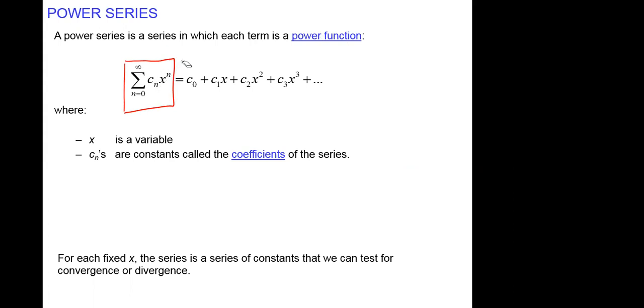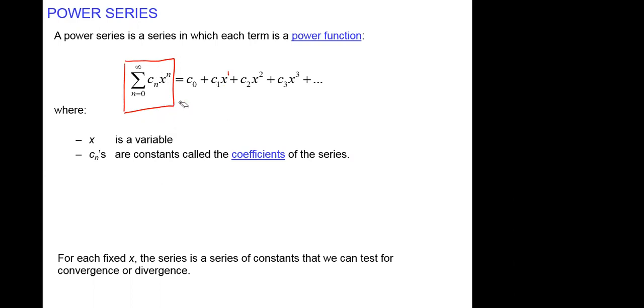And n stays a positive integer, like 1, 2, 3, 4, and so on, or we can even add 0 if we like, x to the power of 0, which of course is the constant term.